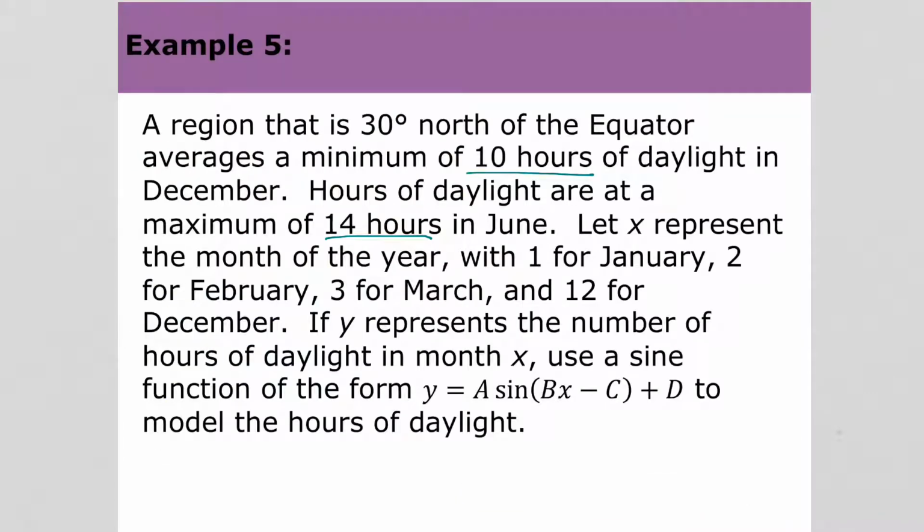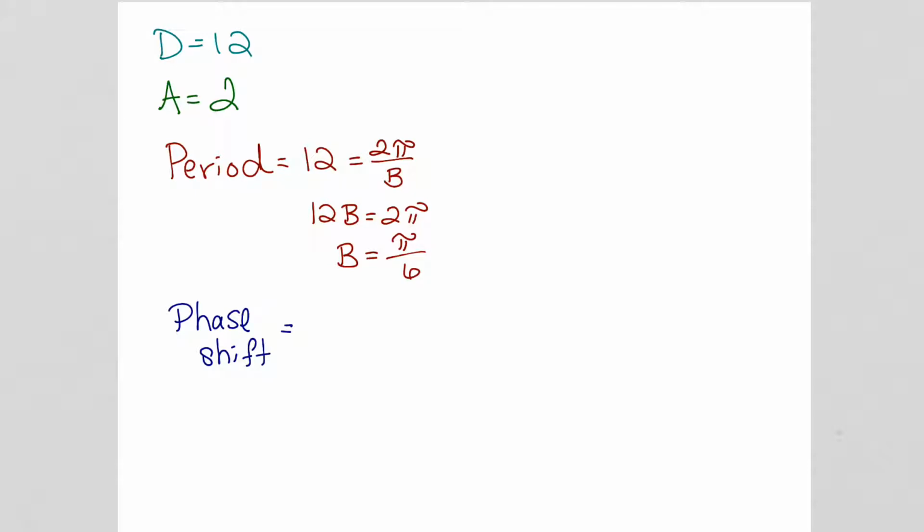So if we look back at the problem, it says that there are 10 hours of daylight in December, and in June, there's 14 hours. So we've got December, January, February, March, April, May, June.